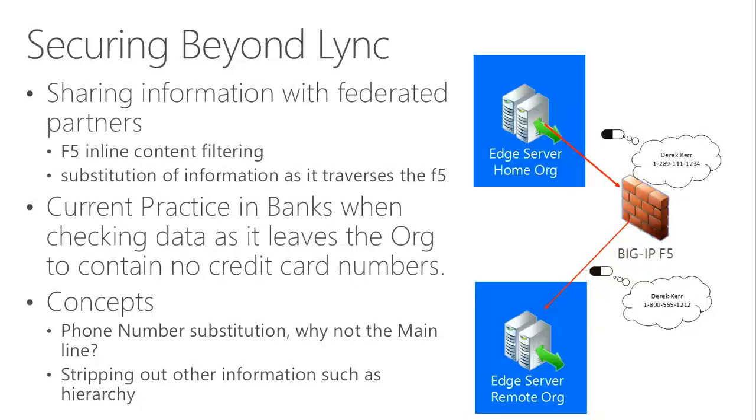It does deep inspection. You can use the IAP and the URL content filtering capabilities inside the IAP to look for pattern recognition and substitute it out. So now I'm thinking, beyond Lync, what type of information do you want to share with those remote organizations? Does it have to be an all or nothing ordeal? It doesn't necessarily need to be. Although Lync is all or nothing, there are ways that we can reach to our ecosystem in order to secure and decide how much or how little we share with certain organizations.